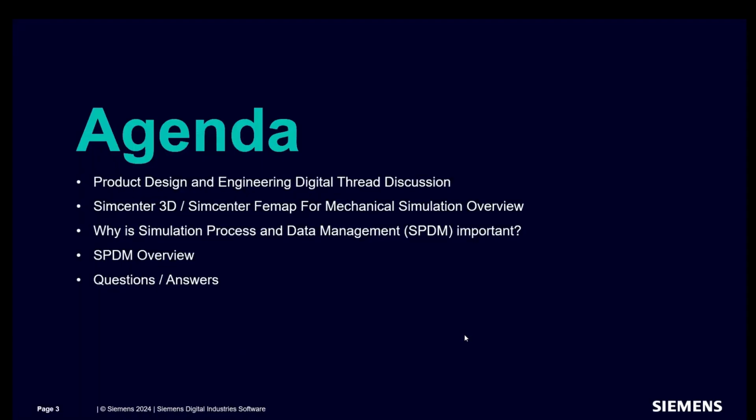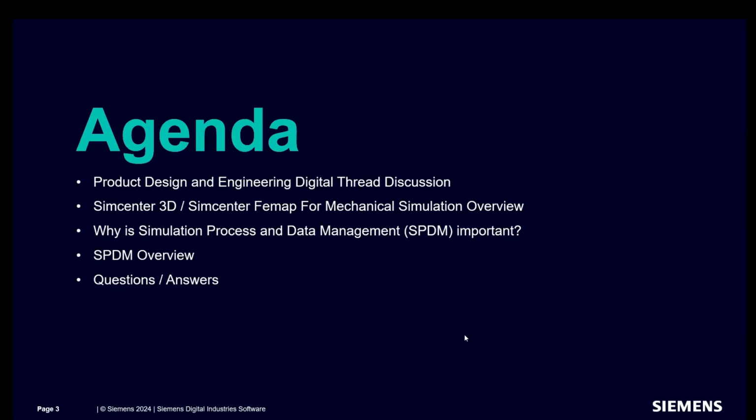So just to give you a little bit of the agenda that we're going to cover as we move forward, we're going to start off with a slight discussion about product design and what an engineering digital thread looks like and what's driving where Siemens is going these days.